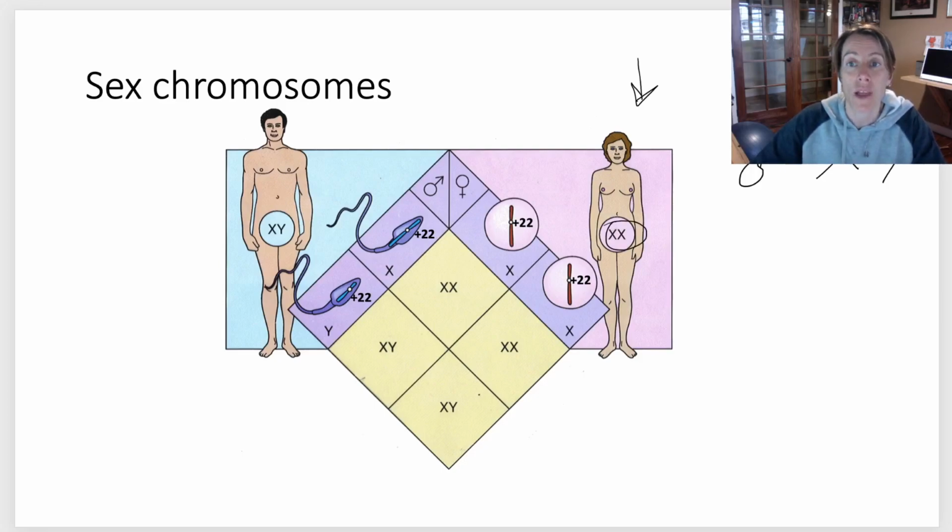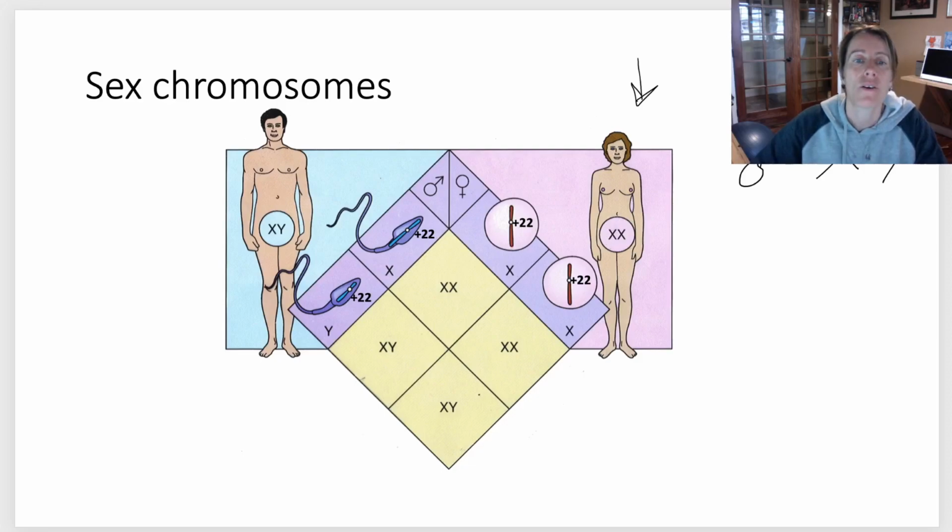Some of her eggs will get this X chromosome and some will get that X chromosome, but either way they all get an X. So the female eggs have 22 autosomes plus an X, shown here as this red chromosome. Not really red in real life.